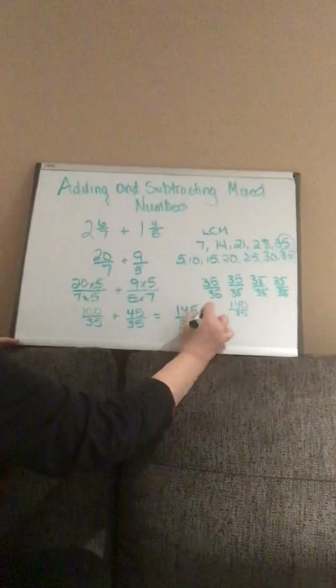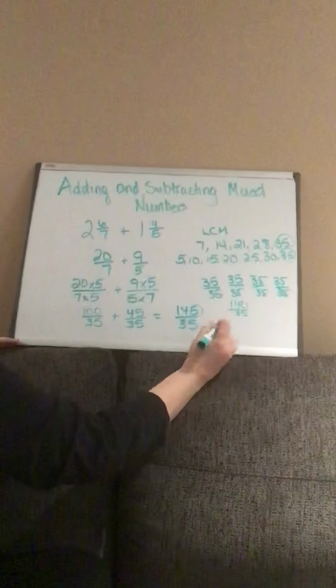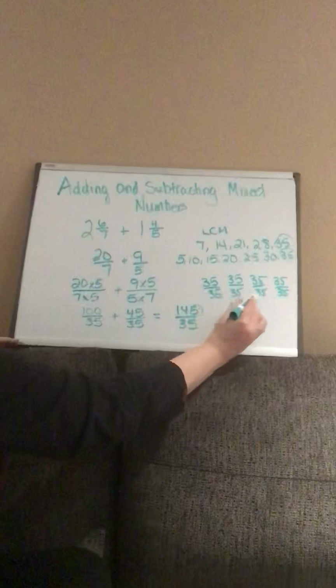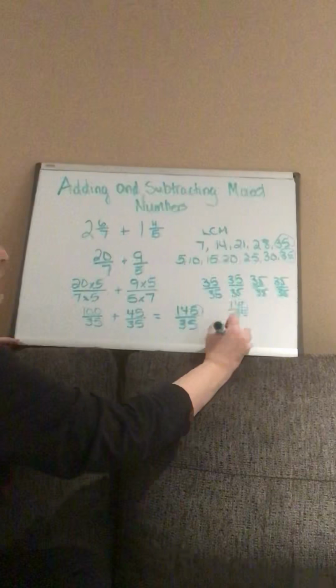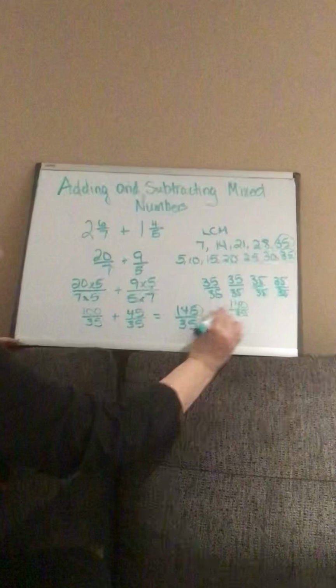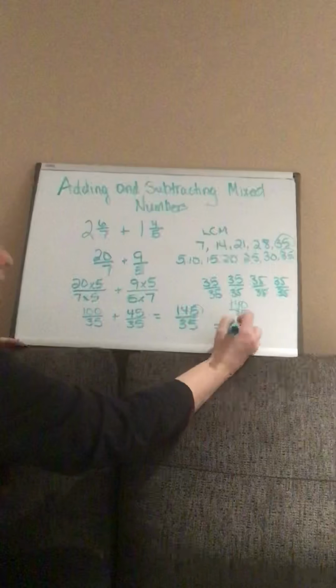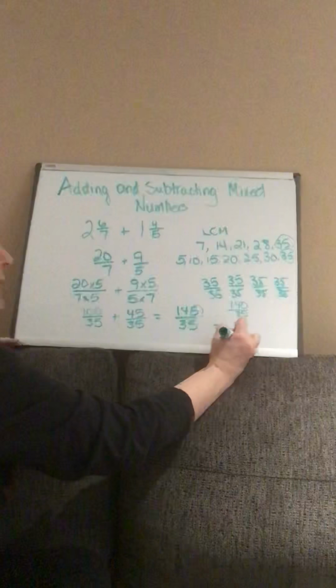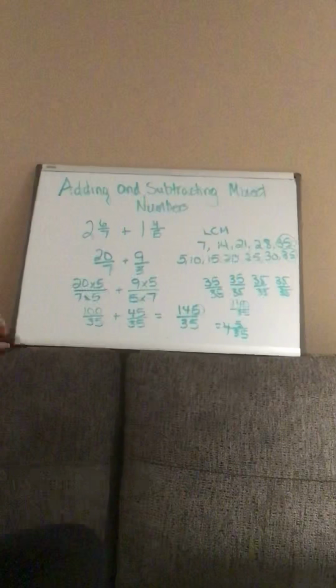So I'm only 5 away from my answer. So my mixed number becomes 1, 2, 3, 4 wholes. I take 140 away from 145, I get 5, and I leave my denominator alone.